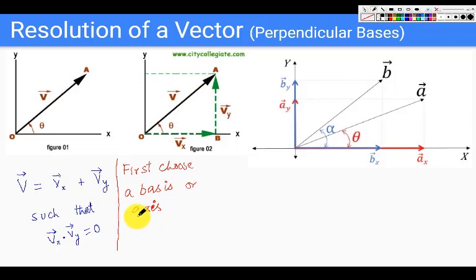Once we have chosen an axis, then we can write this vector into its components.